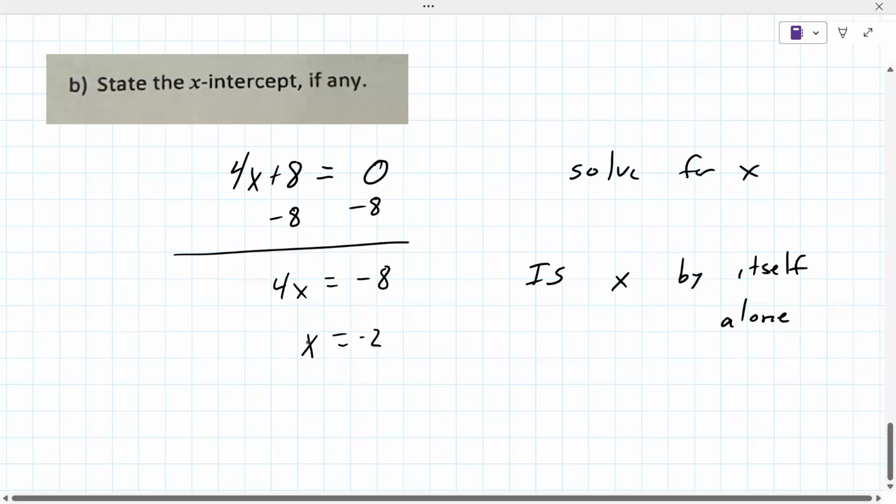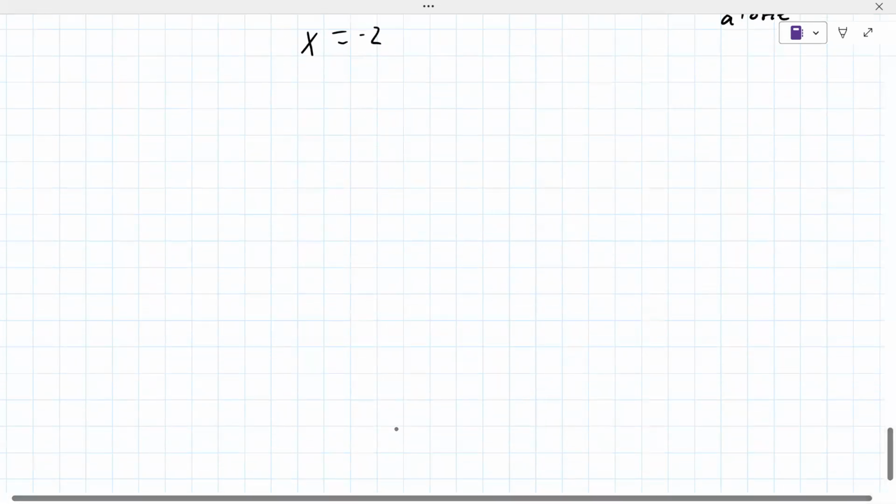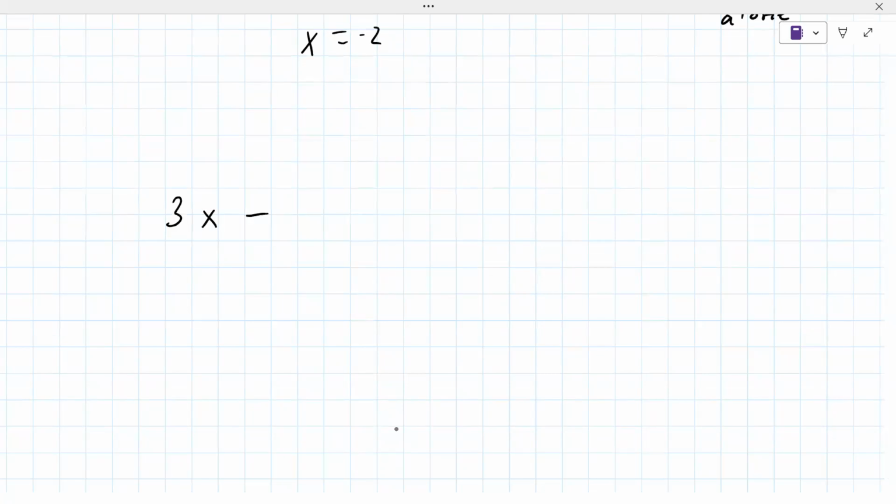Okay. All right. Why don't you quickly solve this two-step equation for me, please?